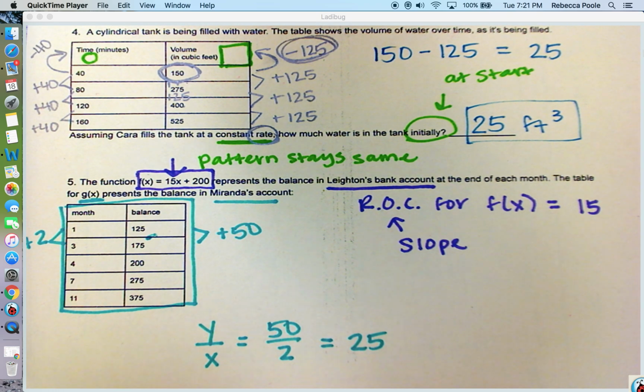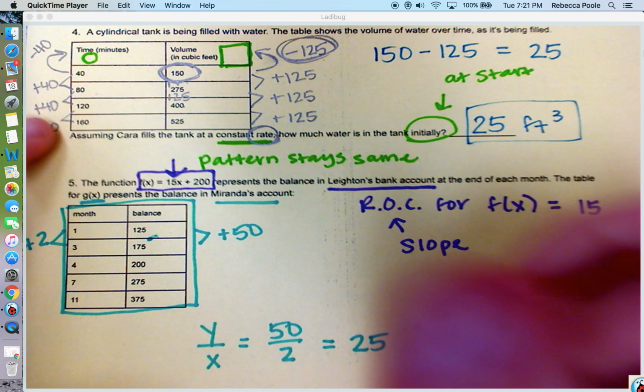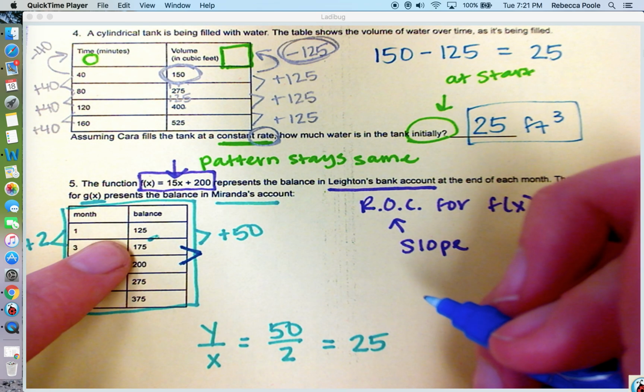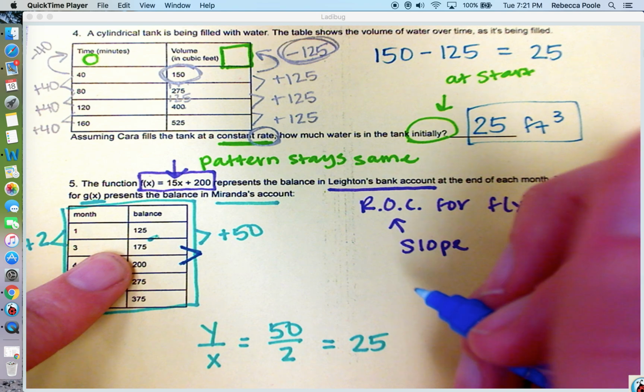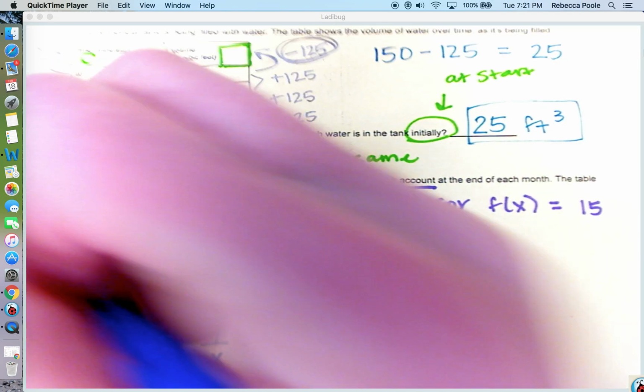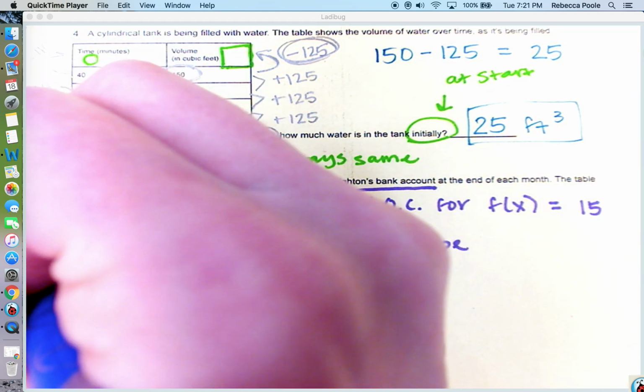Okay? Now, some of you are probably freaking out watching this right now because you're like, wait a minute, I chose a different point. That's fine, check this next one. How do you get from 175 to 200? Add 25. How do you get from 3 to 4? Add 1.